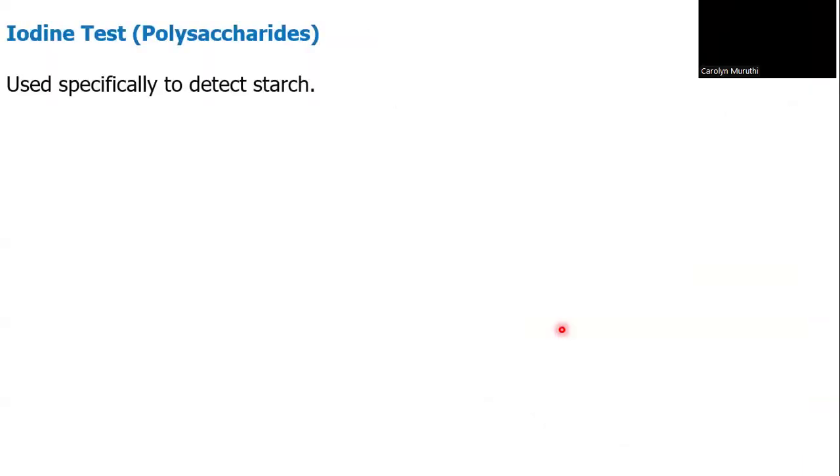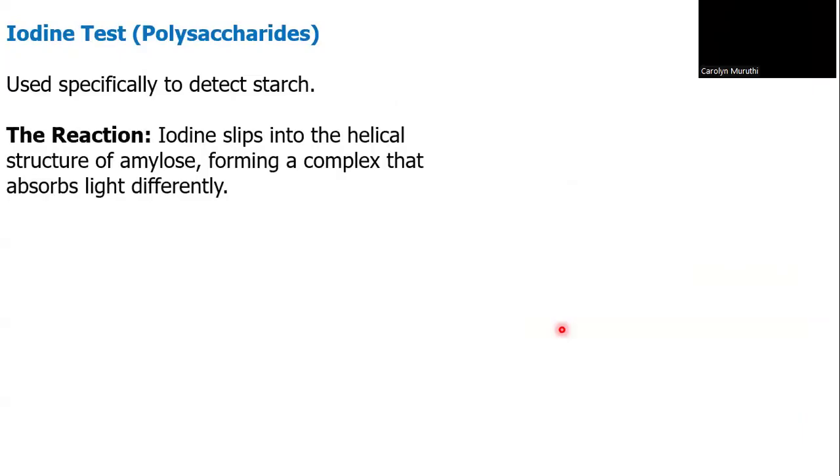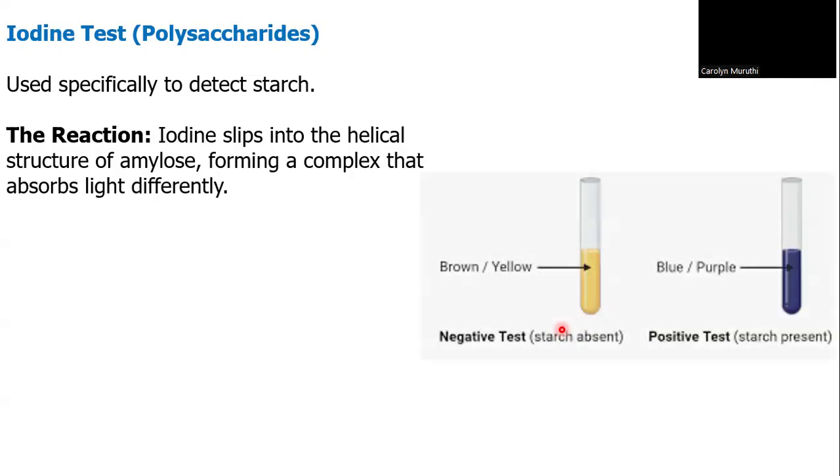Looking at the iodine test, it's used specifically to detect starch. Remember we said starch is the glucose storage form in plants. Iodine slips into the helical structure of amylose in this reaction, forming a complex that absorbs light differently.